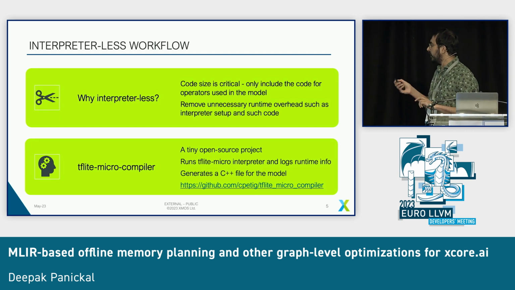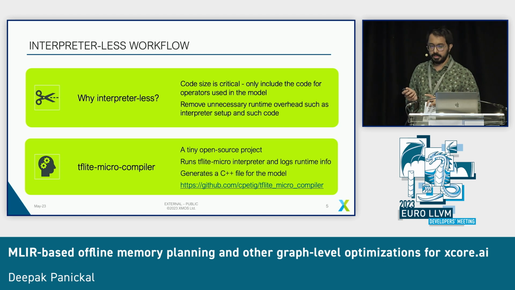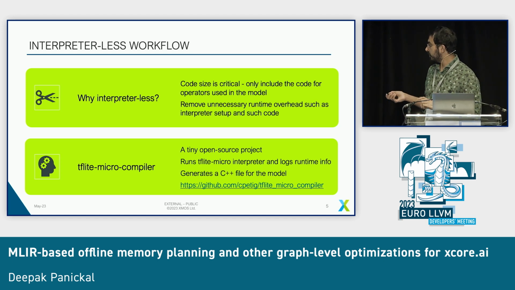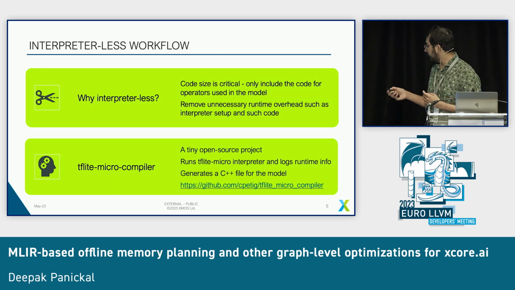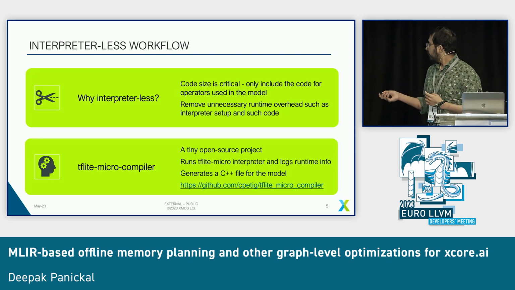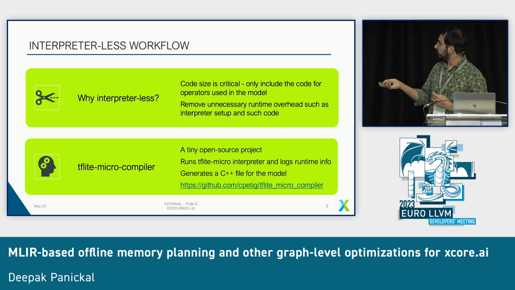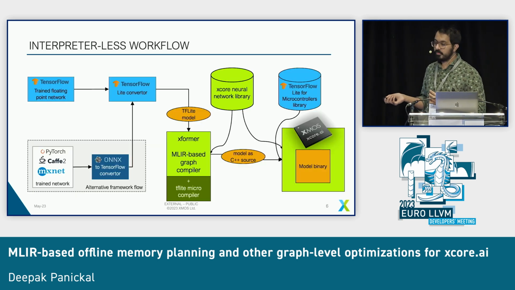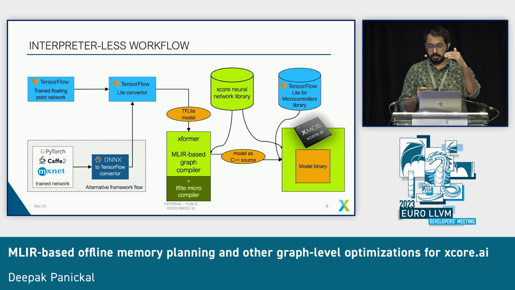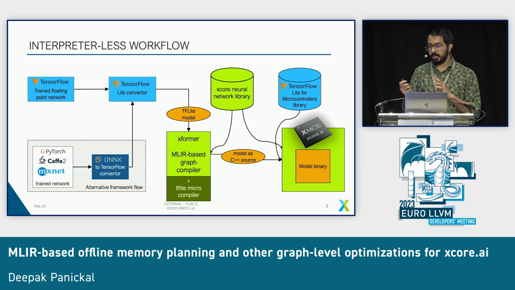So what it does is that it actually uses the TensorFlow Lite interpreter itself and logs runtime information, and it generates a C++ file for the model. And that's the GitHub link to the project. So now adding this onto the workflow, this is how it looks now. We have Xformer, the MLIR-based graph compiler, and we have integrated this tflite-micro-compiler project.